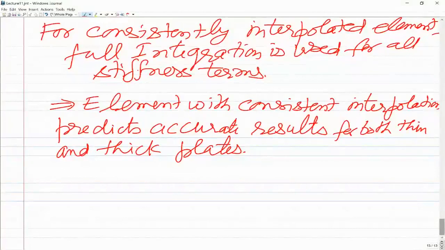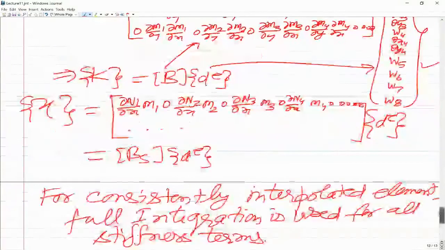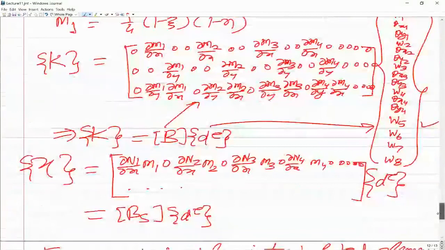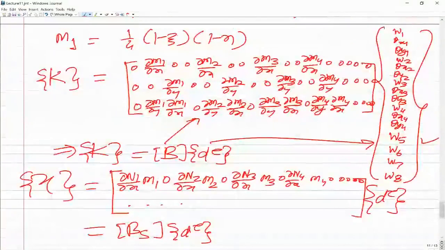Any question? Anybody? Hello, sir. Why are we not considering the other degrees of freedom on the mid-side node? Because we want to have a quadratic polynomial for w and a bilinear polynomial for theta x and theta y.